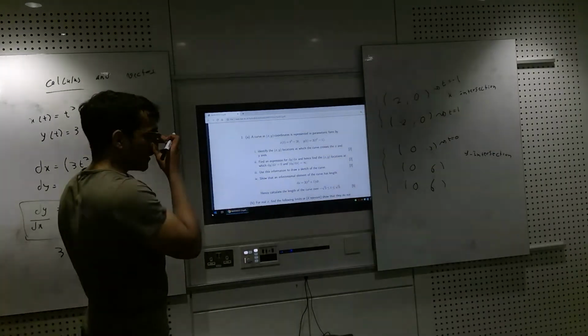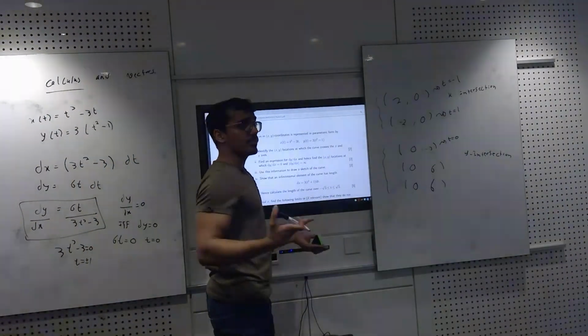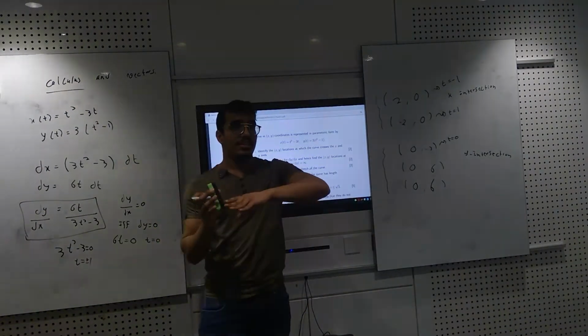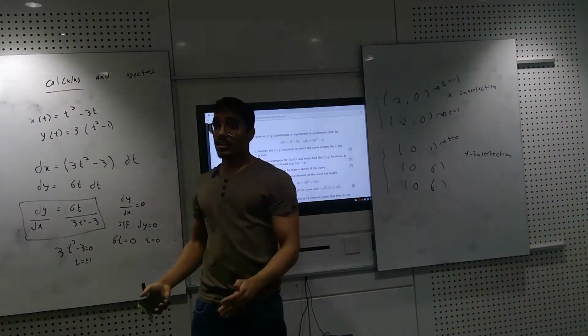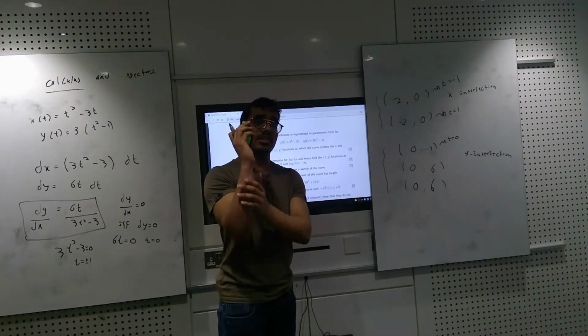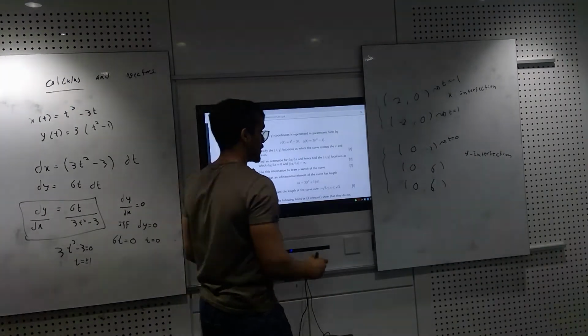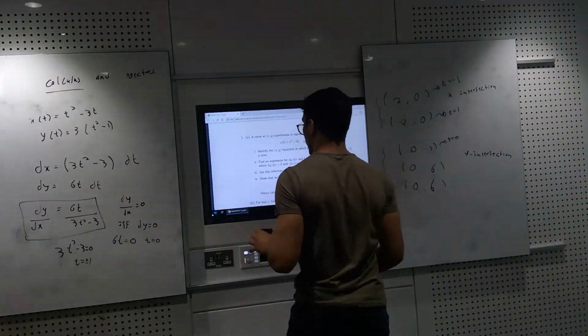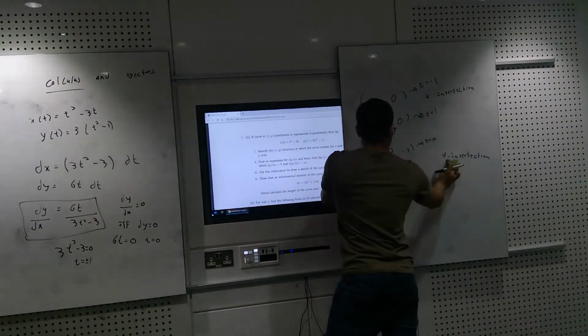We have to understand what it means to have a slope, a derivative, of 0. It means the tangent will be horizontal if it's 0. If it's infinity, then the tangent will be vertical. So at those locations, it's very important to help us with graphing.